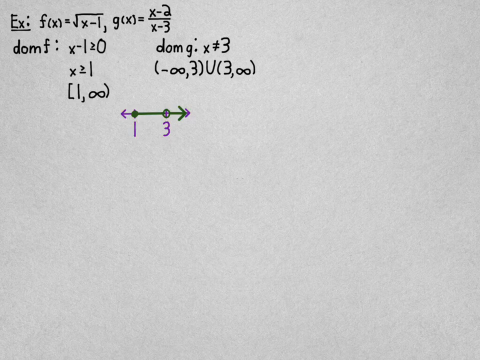I put an open dot at 3 to signify that x can't equal 3. And then x is greater than or equal to 1, so I have a solid dot at 1 because it can equal 1. And then greater than that, but I have to skip the 3 because x can't be 3. That's all there is to that.